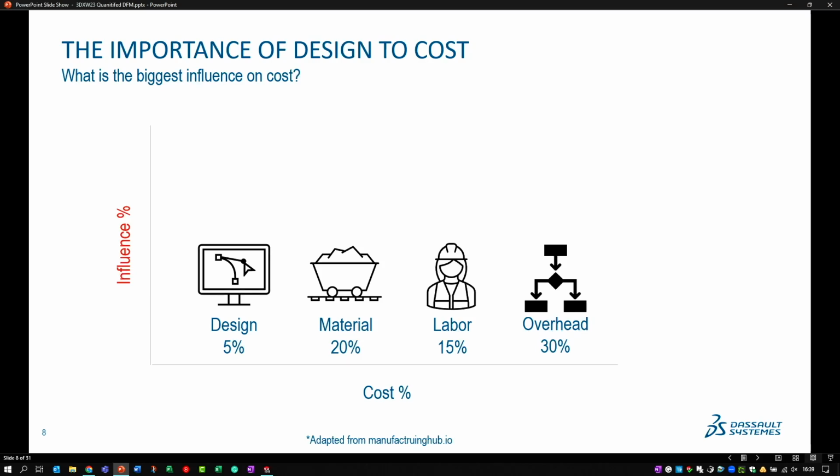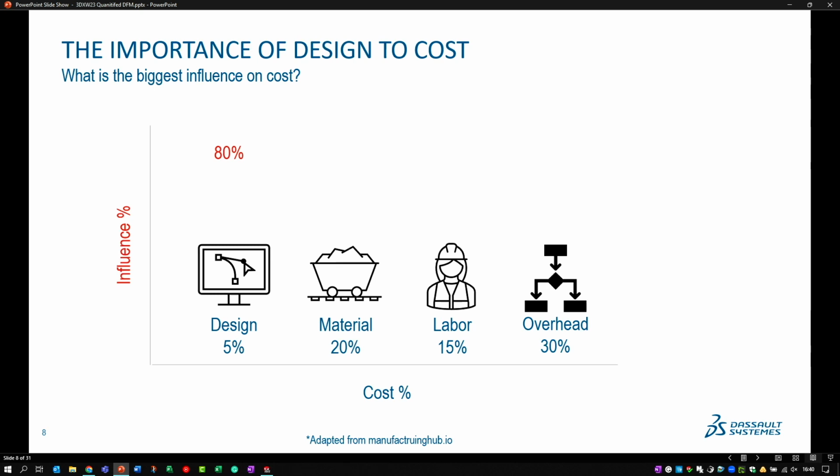If we drill into that, it's interesting to look at where the biggest influence on cost is relative to where the cost is incurred. Design is usually around 5% of the product cost, but the shadow it casts on the product is, as we said, around 80%.